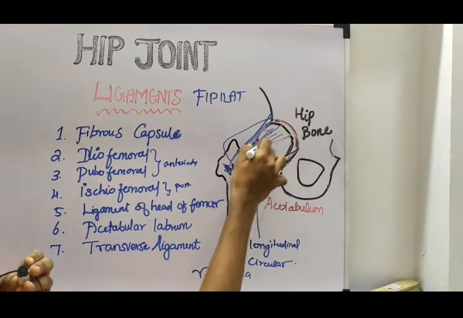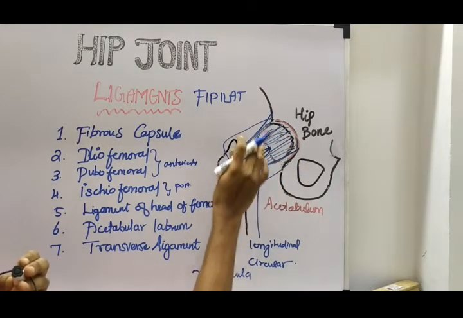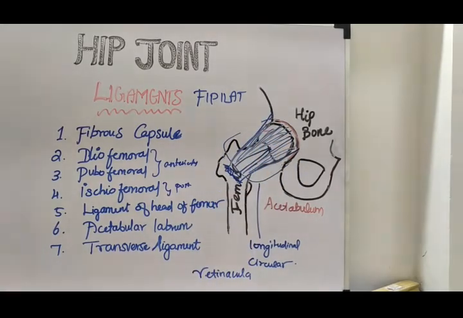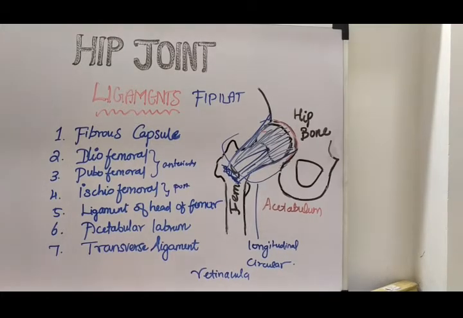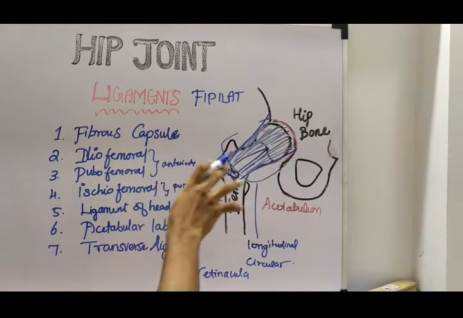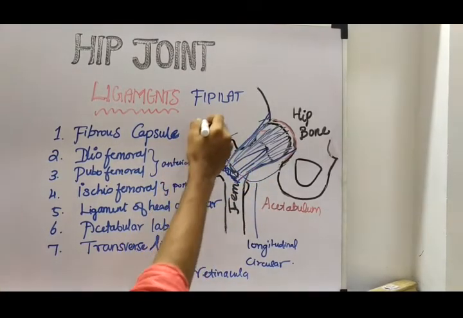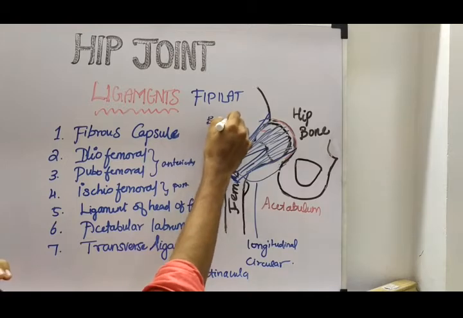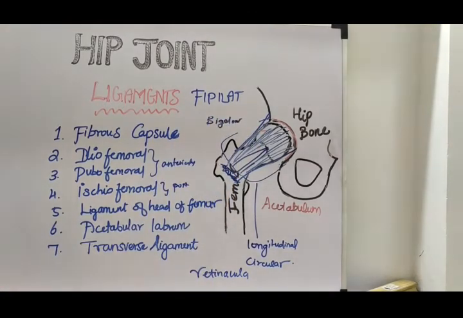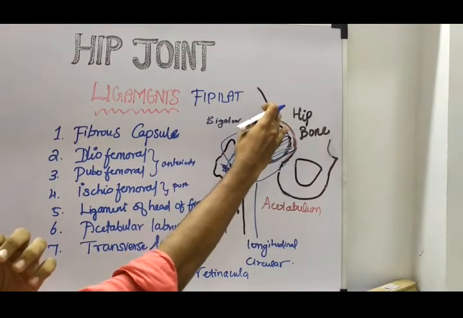So this is the iliofemoral ligament, and it is a very strong ligament, otherwise called the ligament of Bigelow. It is a triangular shaped ligament coming from the lower part of the anterior inferior iliac spine and the acetabulum.